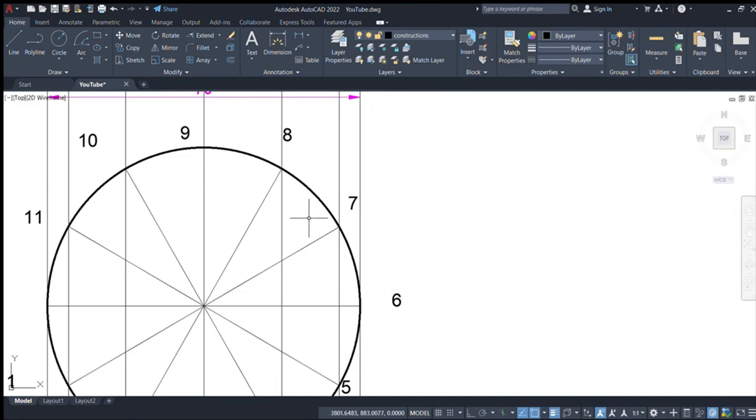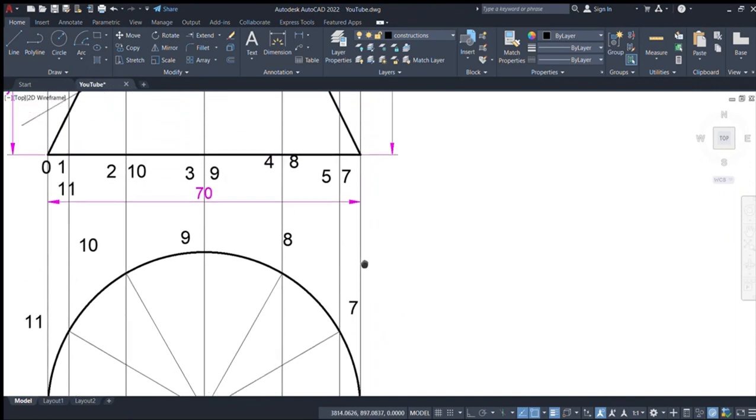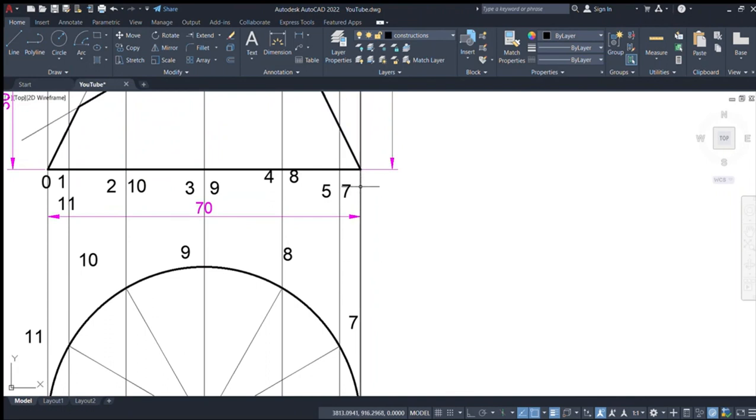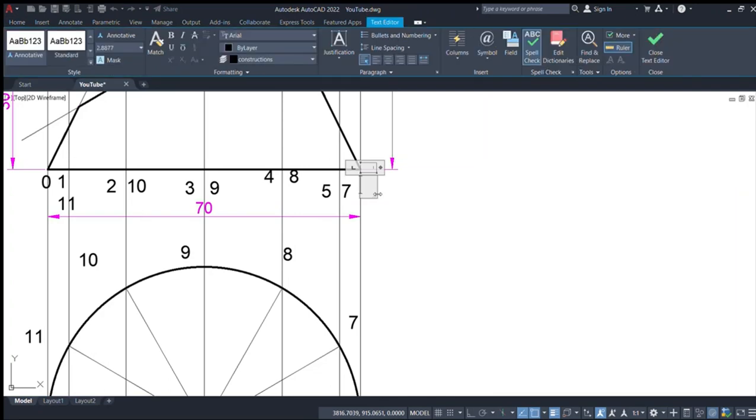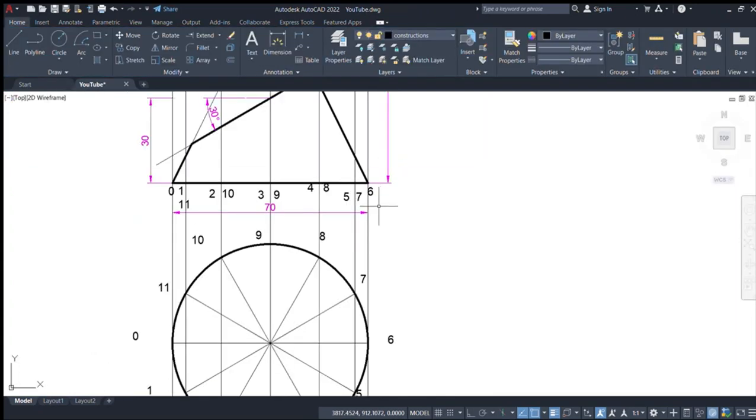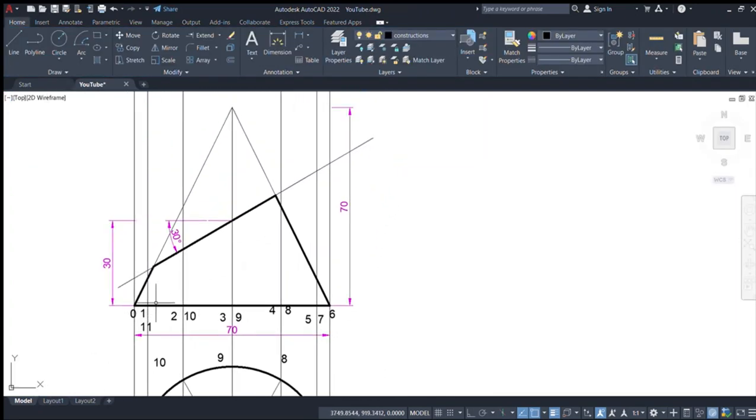Sorry for that noise. So we have point 6 here. So from each of these points, let's generate lines to the apex, from point 1, 2 up to point 6.